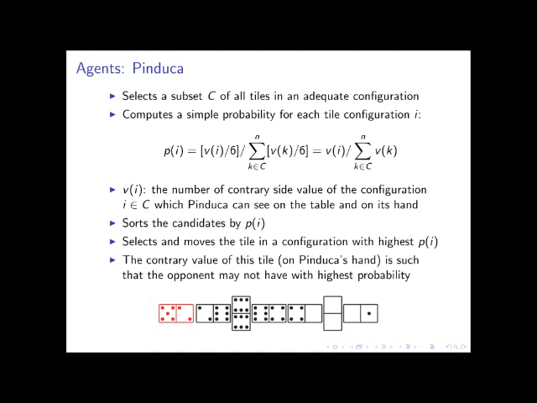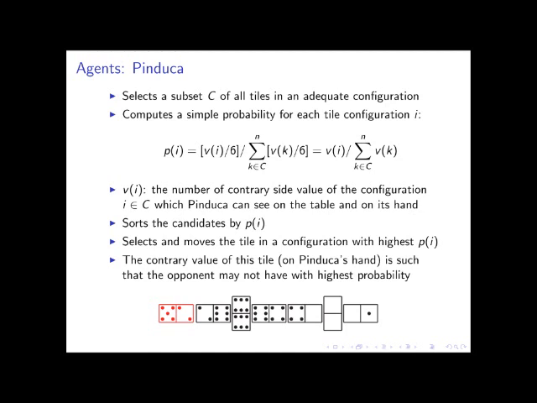The probability takes the number of the contrary side value of the configuration i, which Pinduca can see on the table and on its hand. For example, in this picture, Pinduca computed the probability for V5, because V5 is the number of the contrary side value in this configuration.